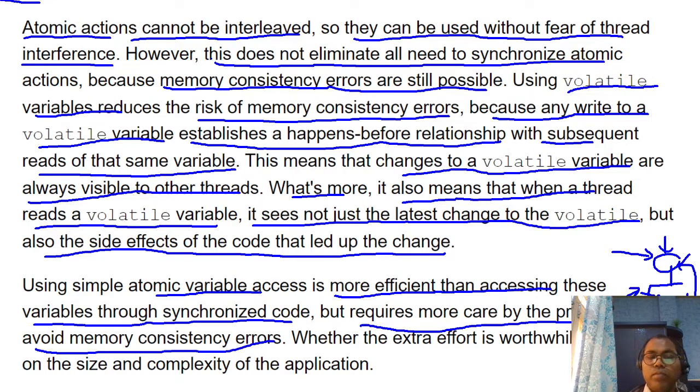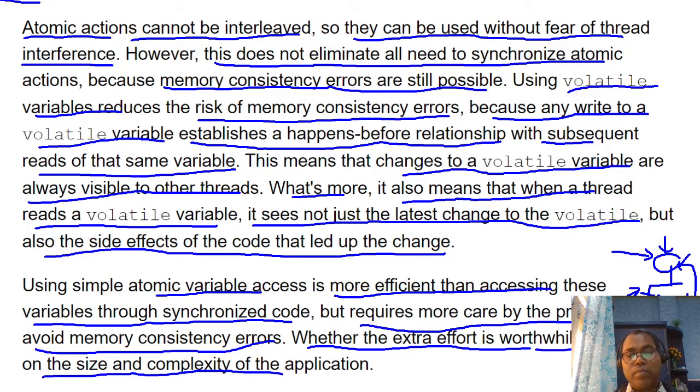Here there is a problem: they do not completely solve it, so replacing synchronized methods or blocks with volatile still has a problem with memory consistency. So please ensure whether extra effort is required, depending upon the size and complexity of the application. So these are the two tools, synchronized and volatile, both help us to make a happens-before relationship.